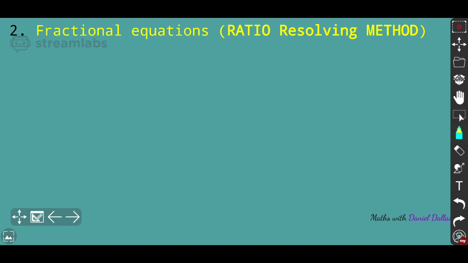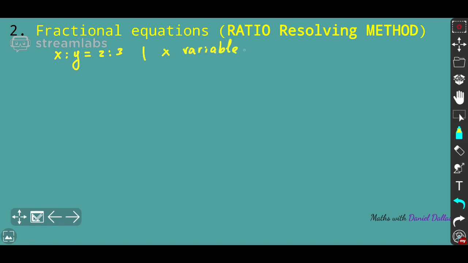Just remember, you did it several times with different ratio problems, like the quantity of some substance or ingredients related as x to y, and that relation as 2 to 3. However, here we are going to consider fractional equations, which means we will have only one x variable.